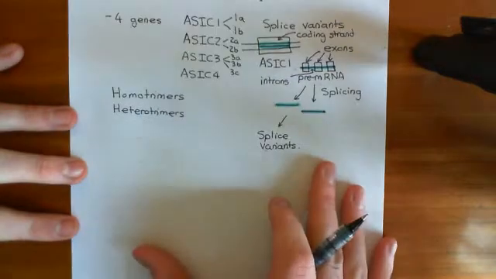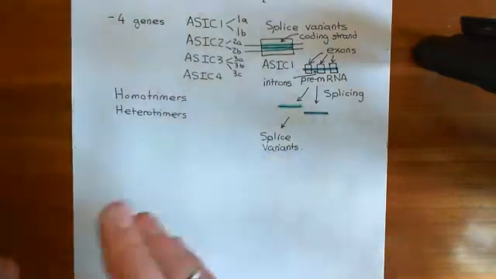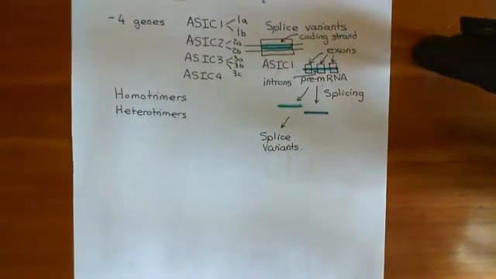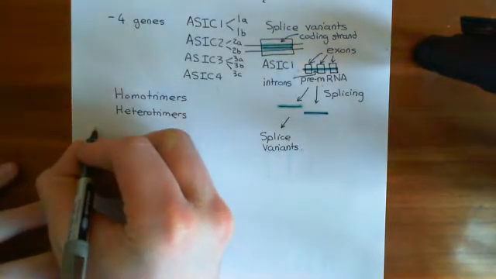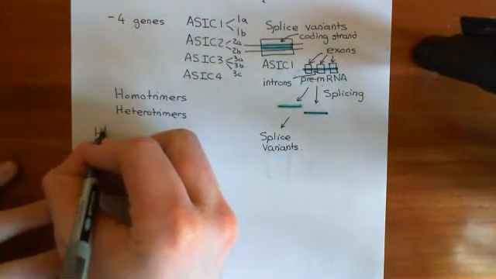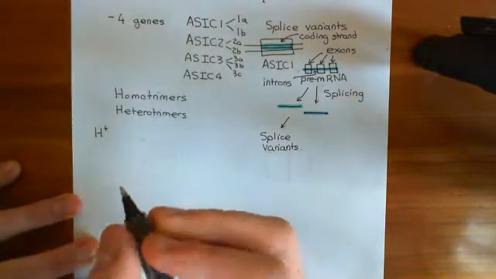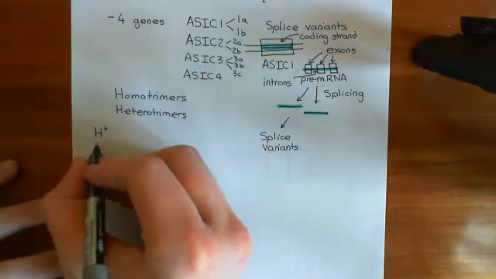Okay, right. So let's now discuss the fun bit, which is what they are actually activated by and what they're going to do to the electrical potential difference across the cell membrane. Their ligand is protons. A very small little ligand, a fundamental particle, in fact.